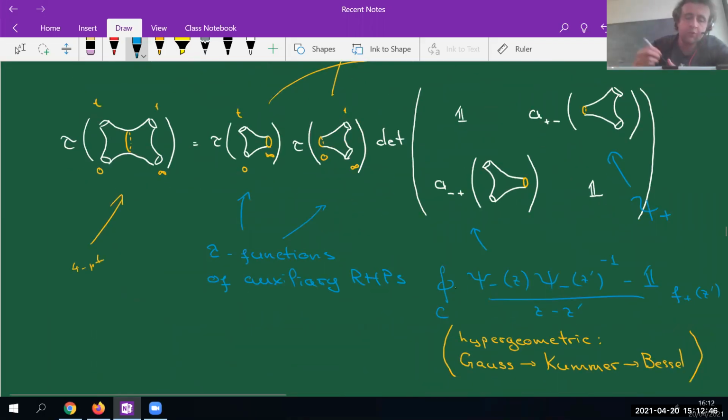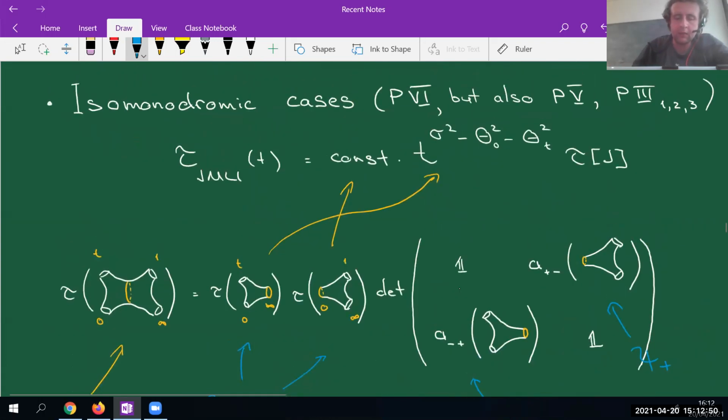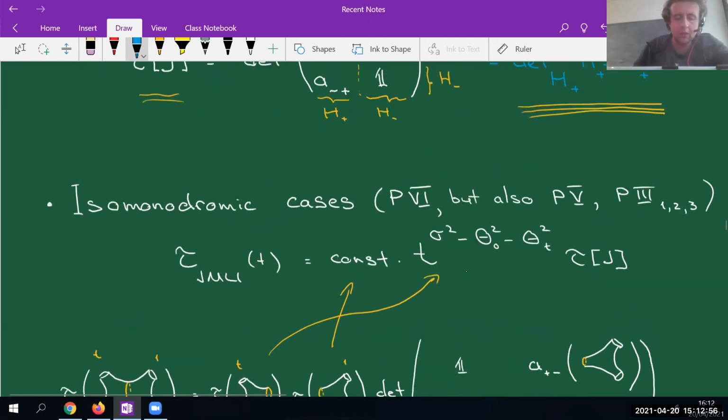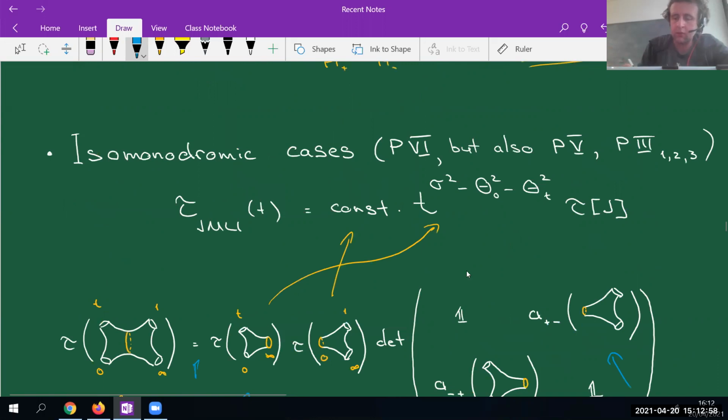Actually, the only place where I use isomonodromy is this place here, in order to show that for specific jumps coming from these linear systems, we can identify the Japanese tau function and this Widom determinant.